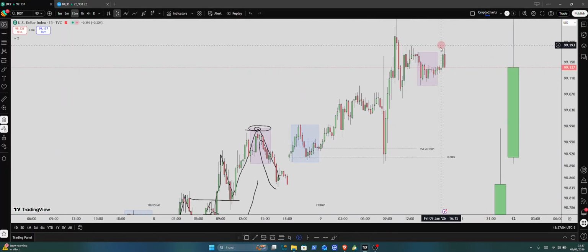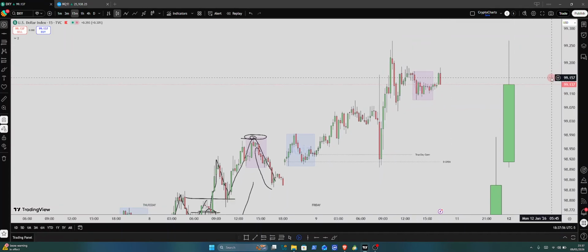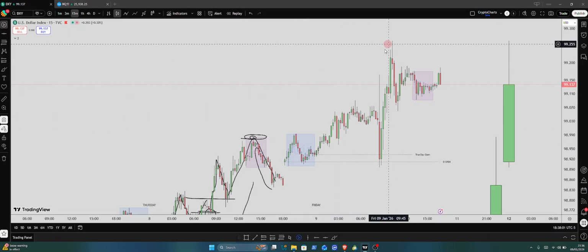So this is a slightly different perspective, because we had some news. This is NFP, so the market's going to be moving quite rapidly. This is a manipulation move to target some liquidity down at these lows.